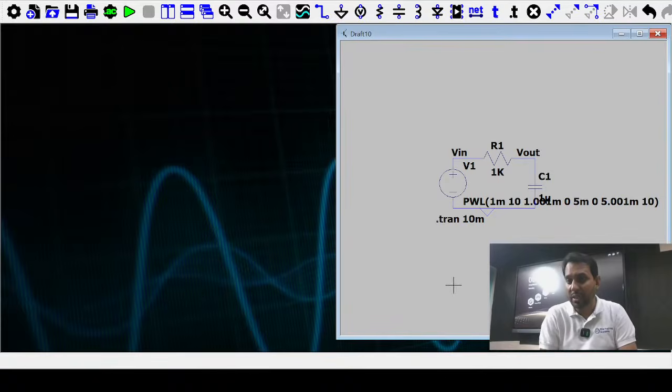The time constant is 1 millisecond but you are giving a pulse width of only 4 milliseconds, so it will not discharge to 0, it will discharge to less than that. And after 5 milliseconds, the input voltage suddenly changes to 10 volt and is maintained there, so the output will reach 10 volt. So this is the way you can understand.